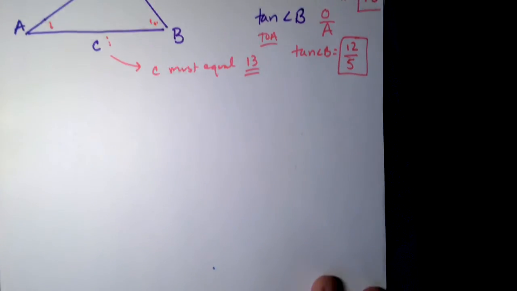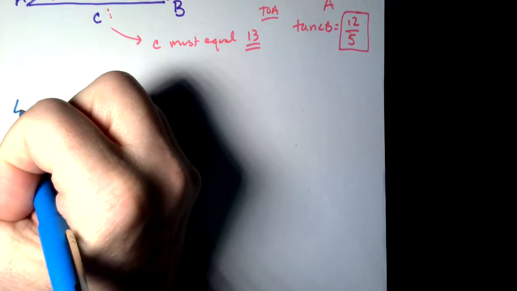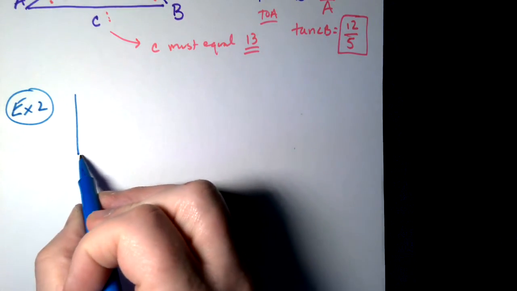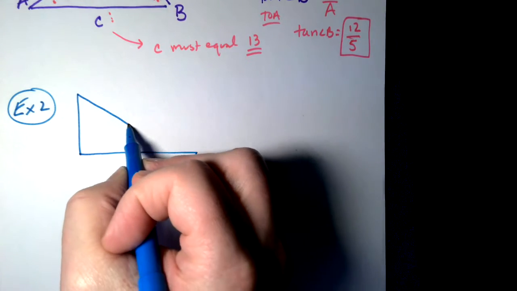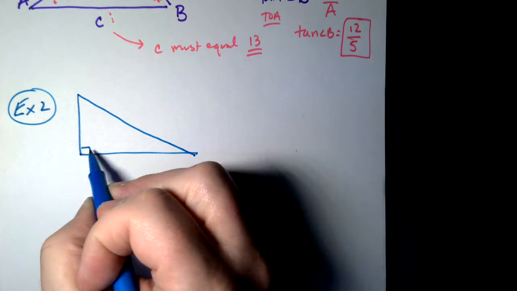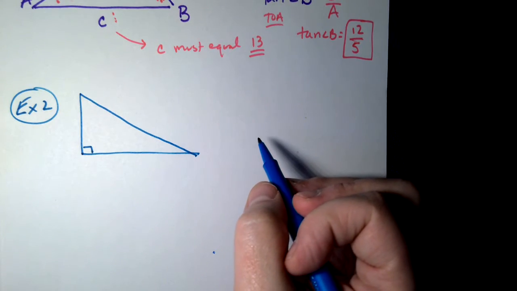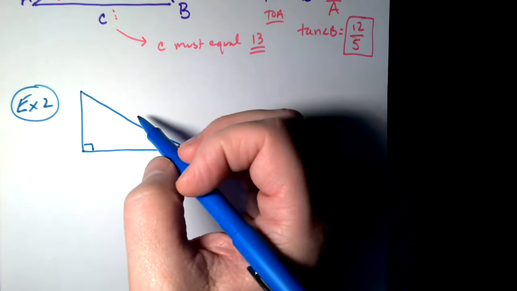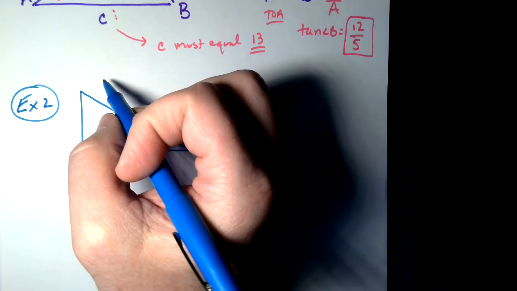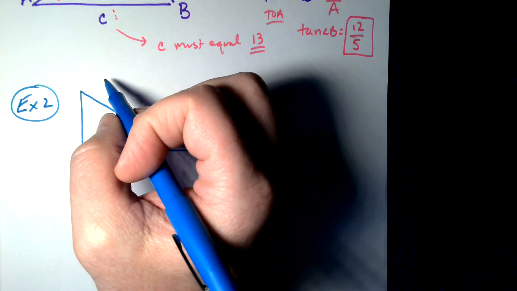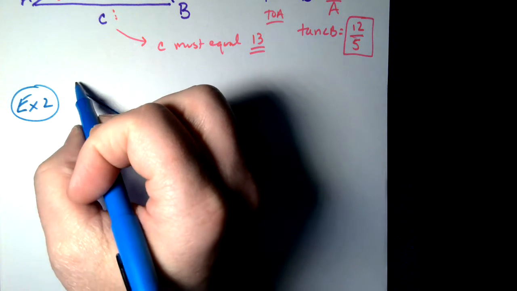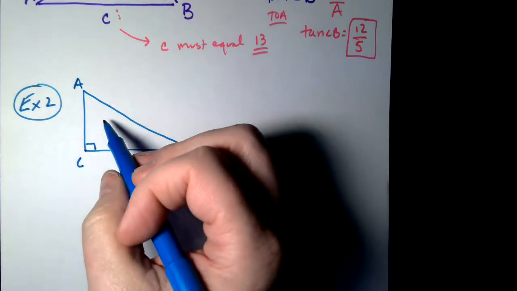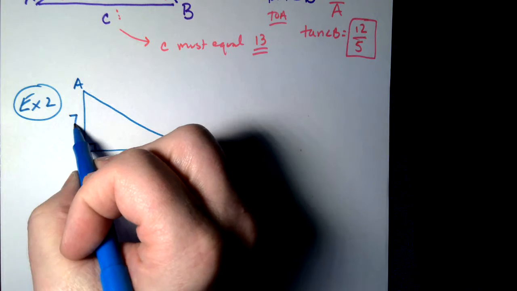Let's keep moving. How about example 2? Let's go another common right triangle. Okay, let's see. Let's say this is A, B, C. I'm trying to think of different numbers off the top of my head.